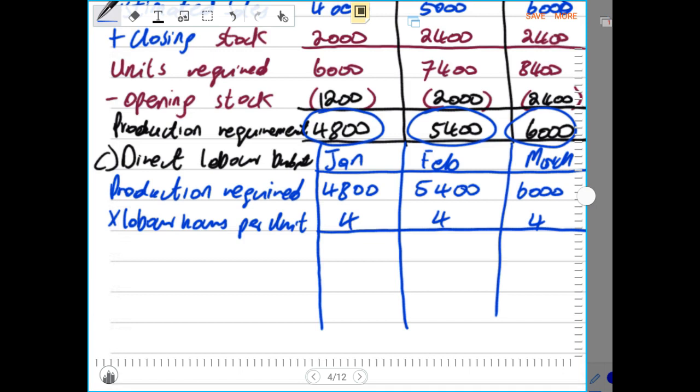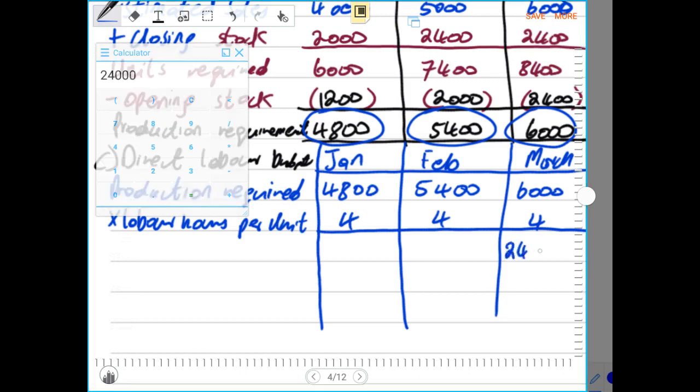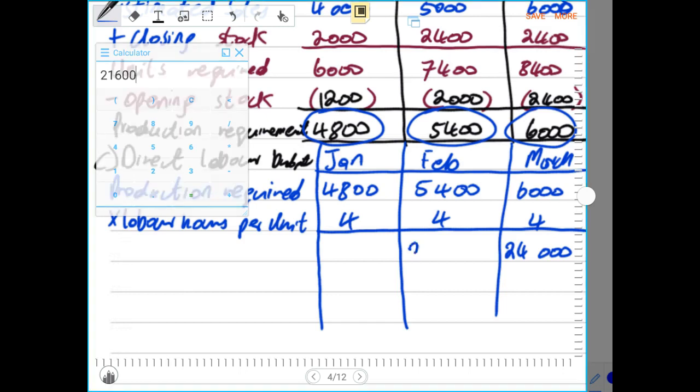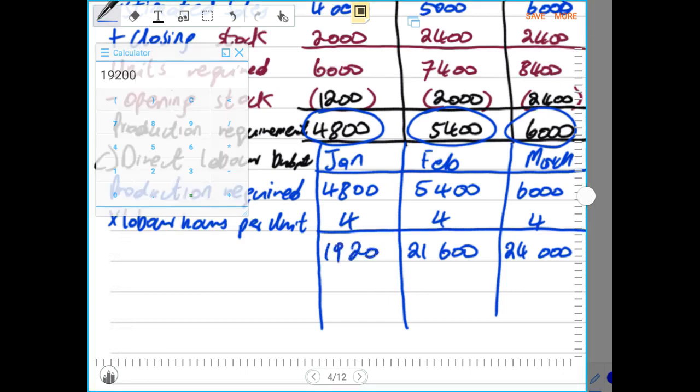Then now we say 6,000 times 4, it will give us 24,000 hours. Then after we say 5,400 times 4, this will give us 21,600 hours. And 4,800 times 4 will give us 19,200 labor hours.